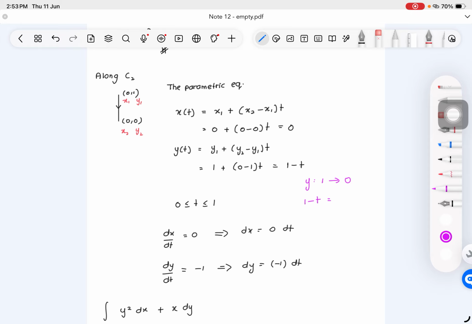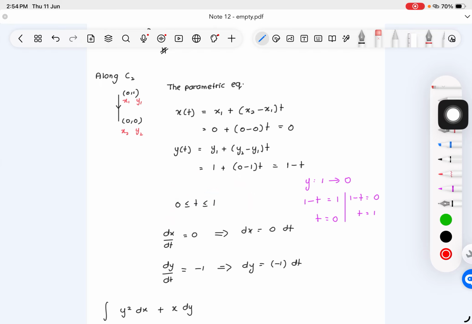For the first point, which is 1, t is equal to 0. For the second point, y2 is 0, so 1 minus t is equal to 0, meaning t is equal to 1. That's how we obtain the interval of t, from 0 to 1.